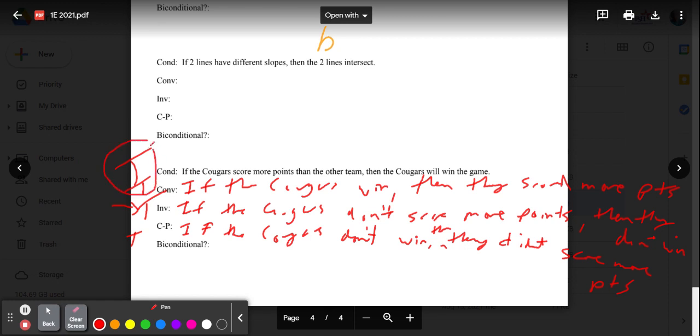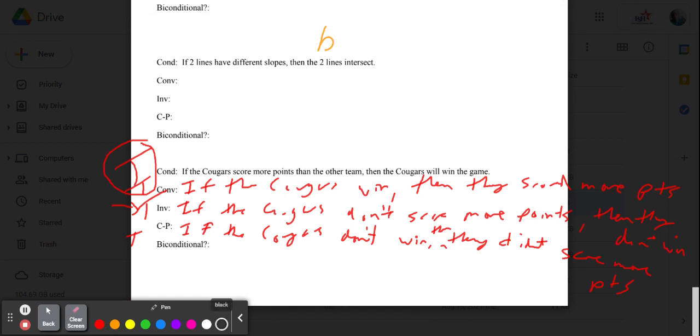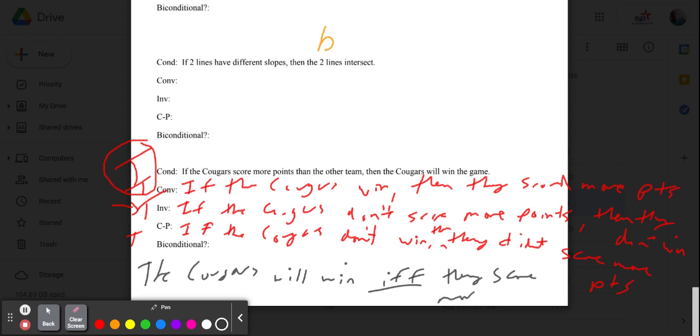True conditional, true converse. Can we write a biconditional? Yes. The biconditional is: the Cougars will win if and only if they score more points.